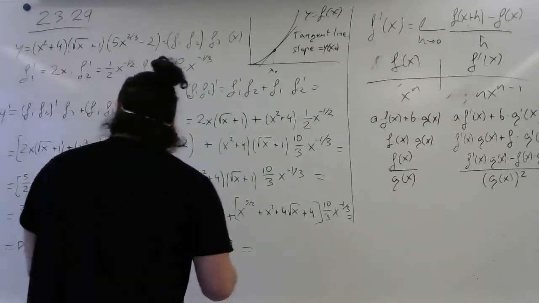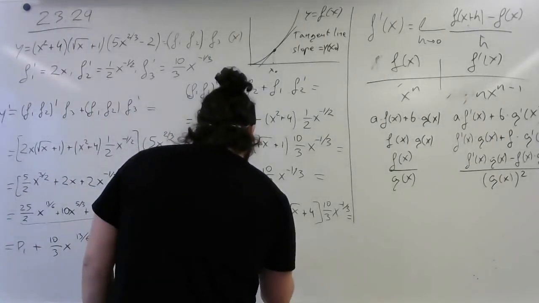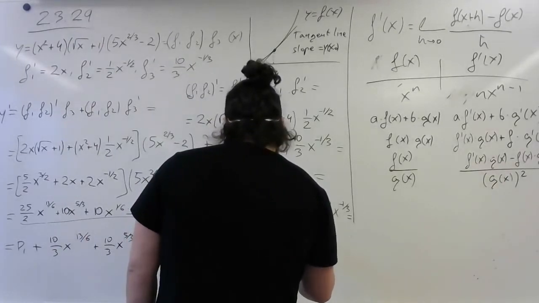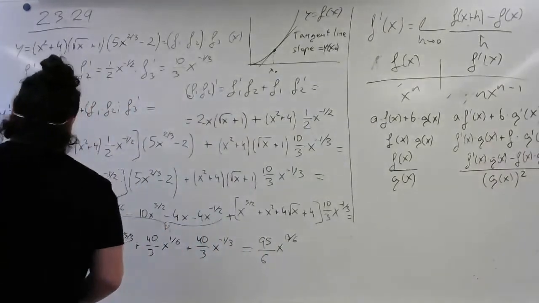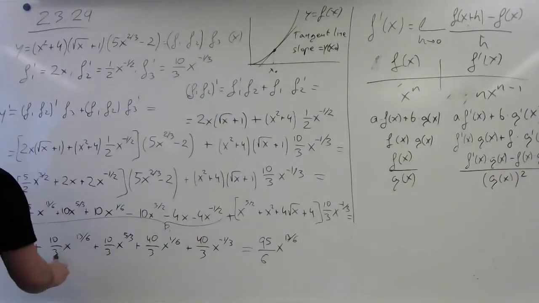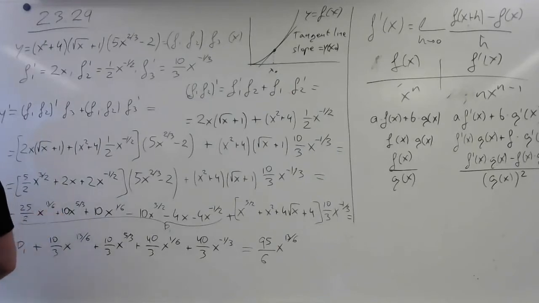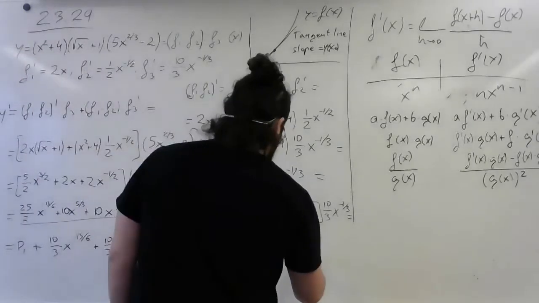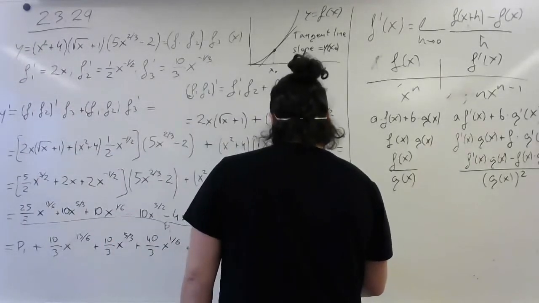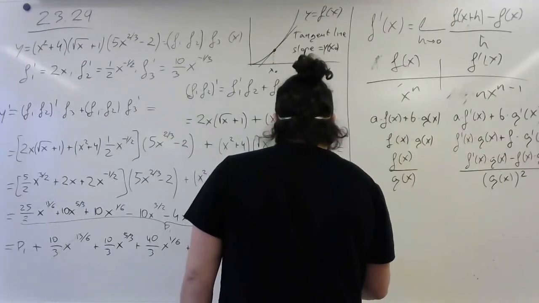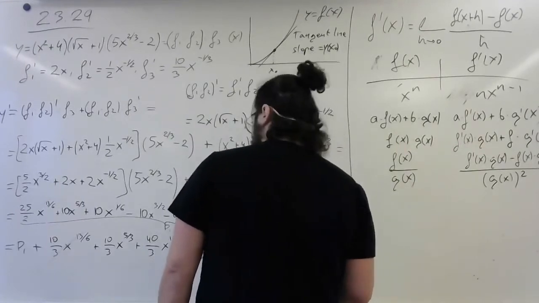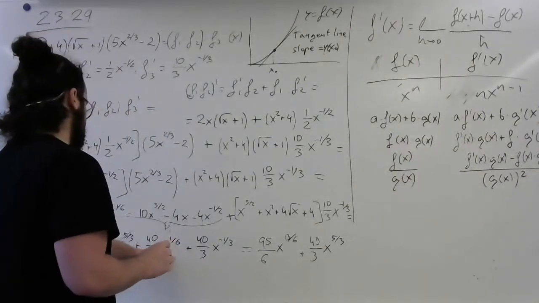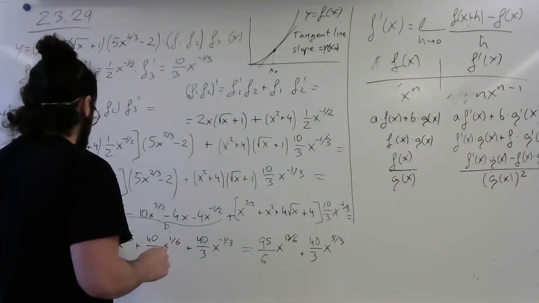Okay, vale. So this is 95/6 x to the power 13/6. So we have taken care of this term and this term. Now we move with the x to the power 5/3, and we have 40/3 of x to the power 5/3. This term and this term. We move with x to the power 1/6.